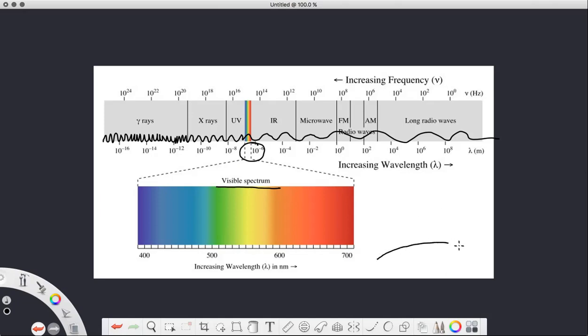So when this light hits the surface, some of the light is passed on as IR radiation. Then we can find the greenhouse gases, and again some of it is reflected back.